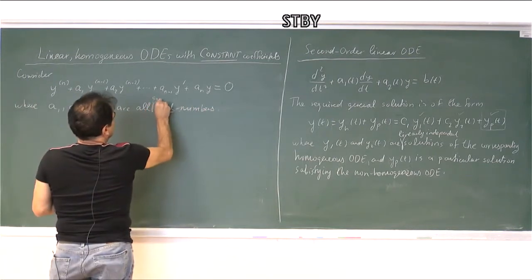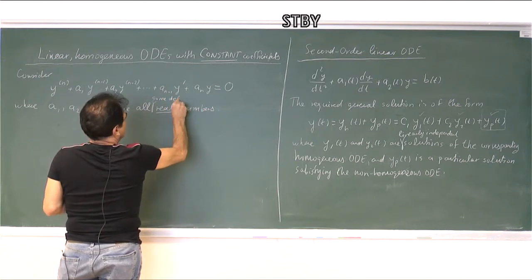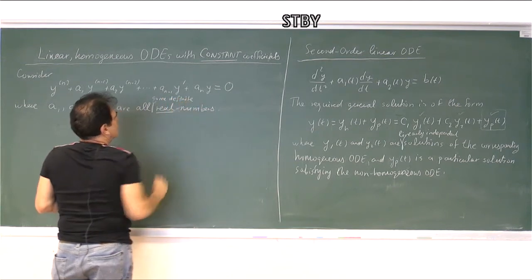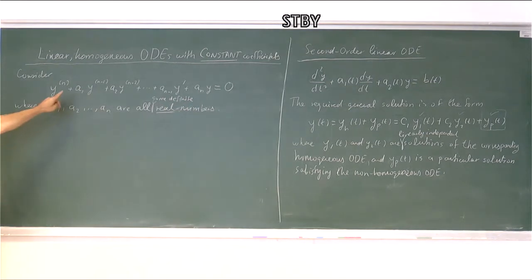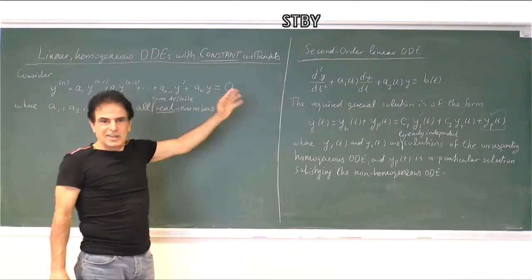Some specified or some definite real numbers, okay? Not functions of t. All of them are real constants, and the non-homogeneity term on the right-hand side is 0, making the equation homogeneous.